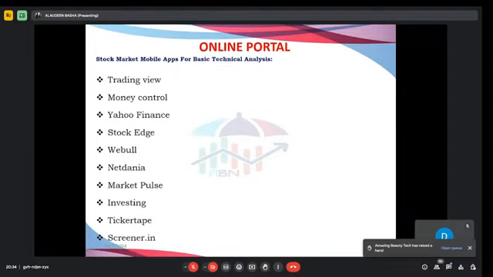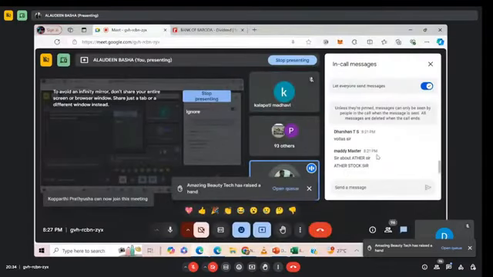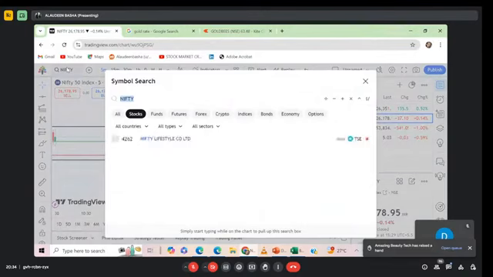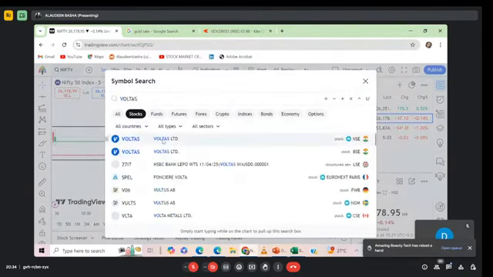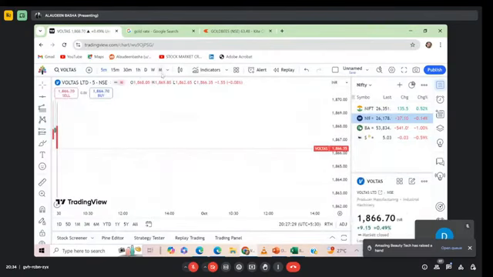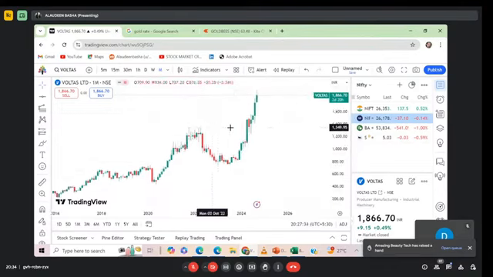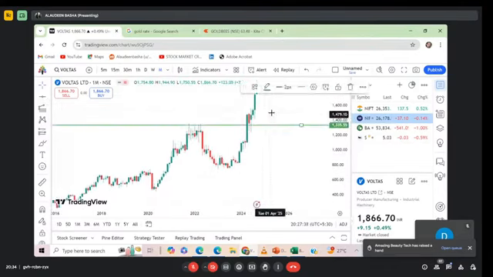Thank you. Some of the members asked about Voltas and Eather. Okay, we'll check. Voltas is a very good stock. Voltas has broken the previous high, so just wait for the retracement, sir.